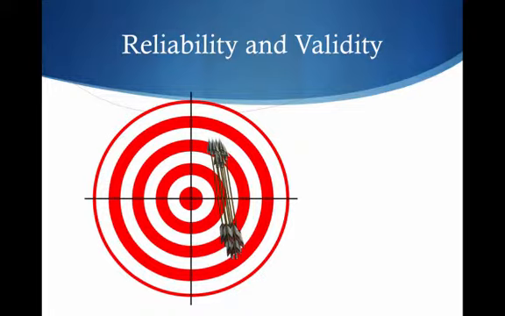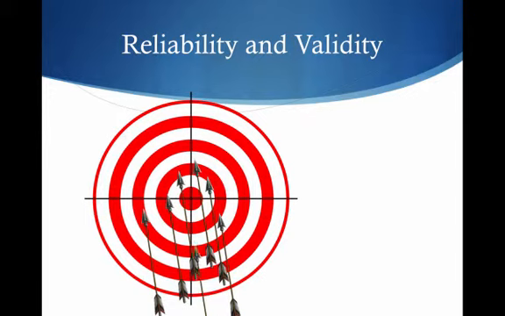Maybe this is like trigonometry or something. I don't know. It's in the math domain. It's not algebra, though. Right? Okay. This is reliable, but not valid. We could have this situation where you're around the center of the target. You have one item that's really on target, but you're not really hitting the target, not consistently.